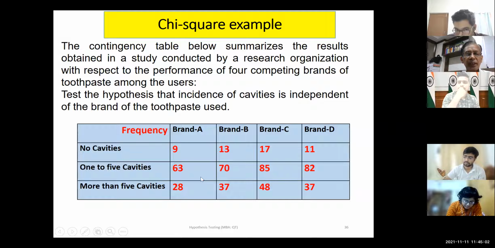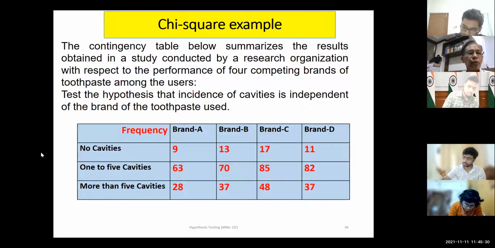Here we have to write E values alongside the O values. 63, what will be its corresponding E value? 28, what will be its corresponding E value? Keep some space, we will calculate and fill in the E values there. All of you clear?